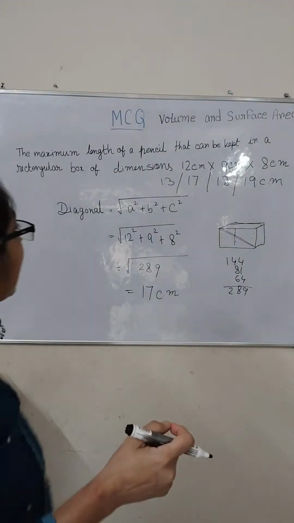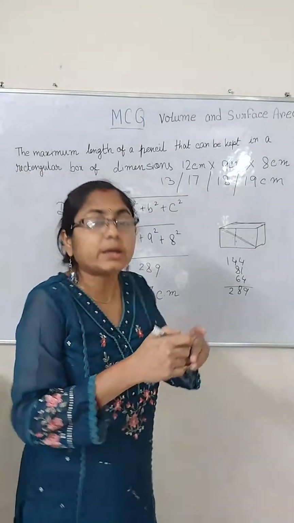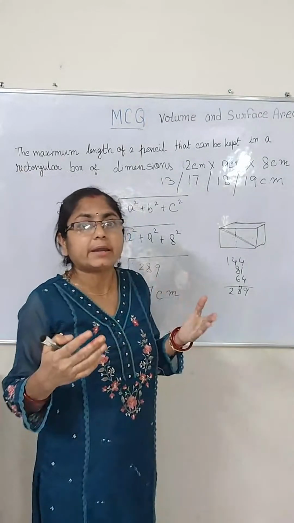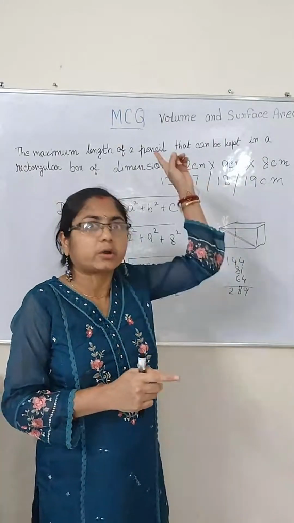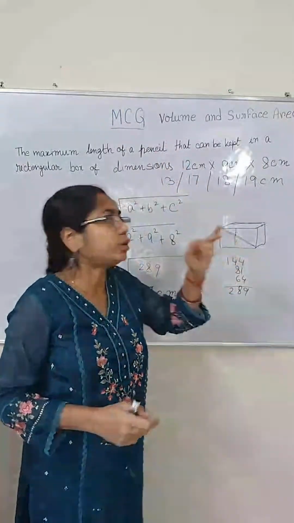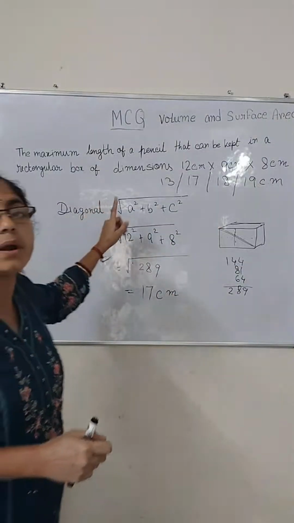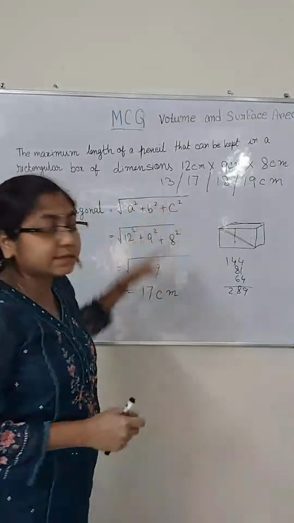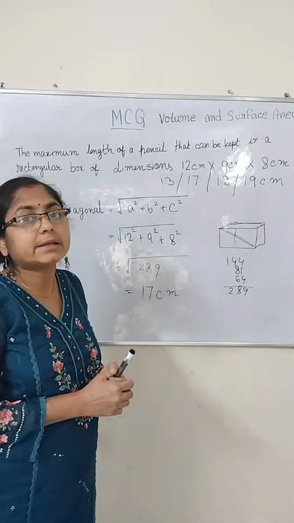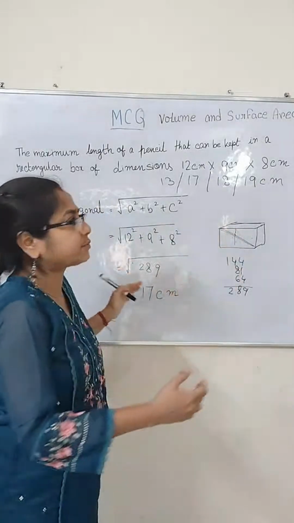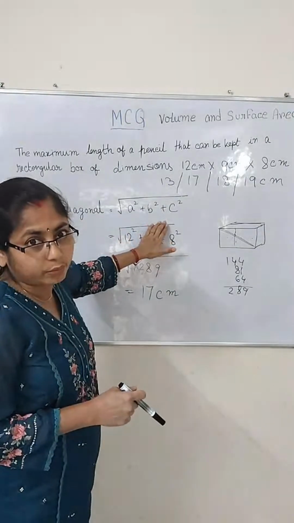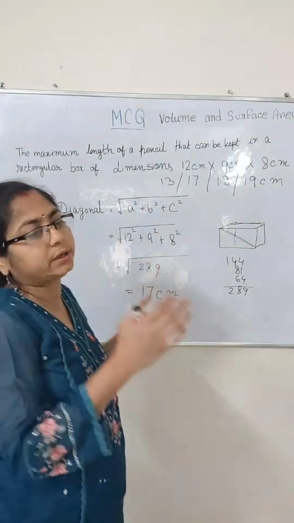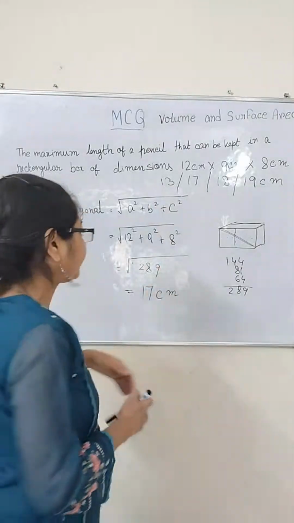Listen one thing. When you put a pencil at the maximum height, it means diagonal position, one corner to another corner. So you put the formula diagonal root over a square plus b square plus c square. It is a rectangular box, means 3D, so for that reason I apply this formula. In the cube it is a different formula.